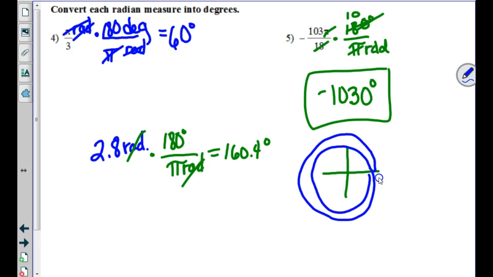Negative still? So it went all the way around it. I think it landed in the first quadrant here. Because if you add another 360 to that, so if you go negative 1030 plus 360 3 times, you get positive 50. So it would wind up in the first quadrant. 50 is called coterminal, meaning it ends in the same spot.